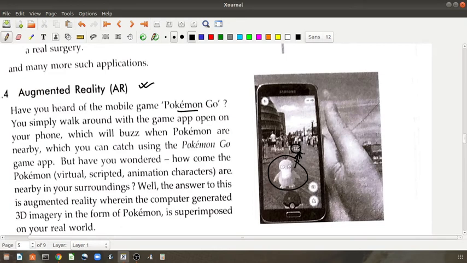So this is reality and this is virtual, and you see this virtual thing has been planted into the reality. That is augmented reality. It is an extension of the reality around you. Reality is 75% of it, and this is around 25% of it.